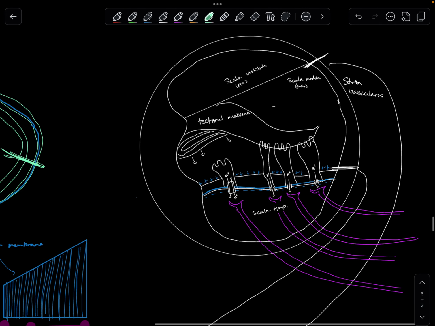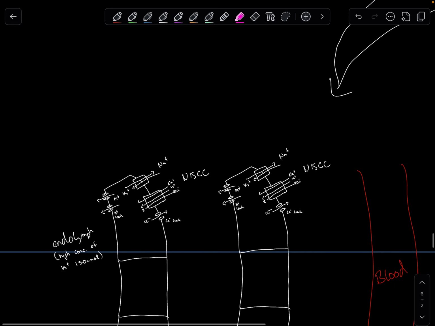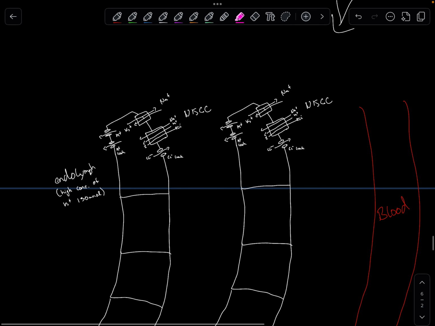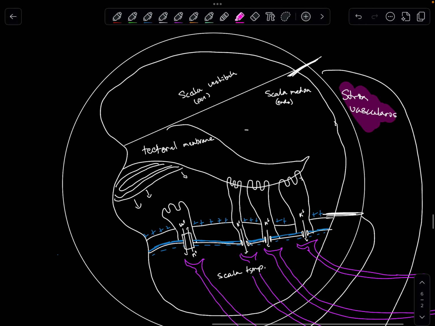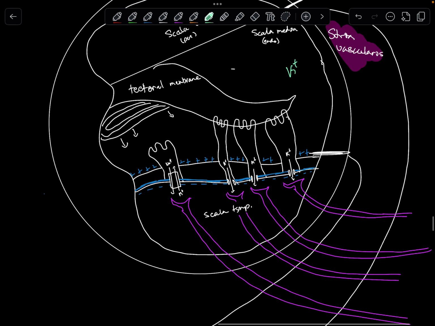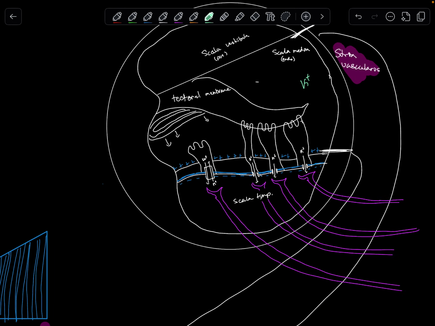Basically, in this area called the stria vascularis, right here, we have these pumps called NKCC, which basically is just transporting a bunch of potassium into the endolymph. So we have a ton of potassium coming into the endolymph. Okay?